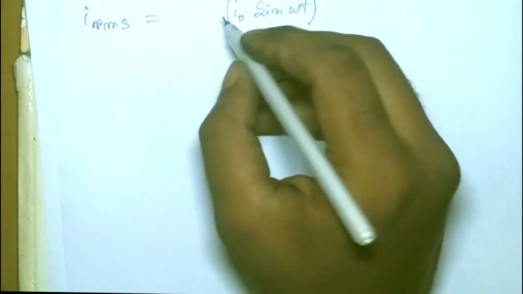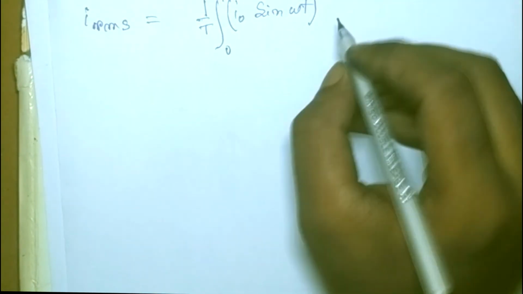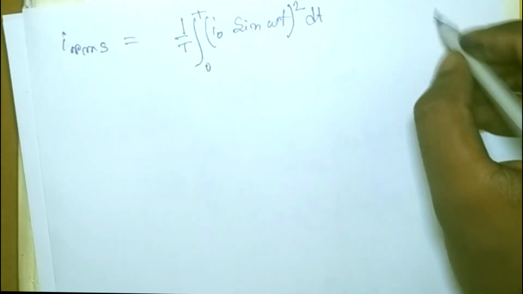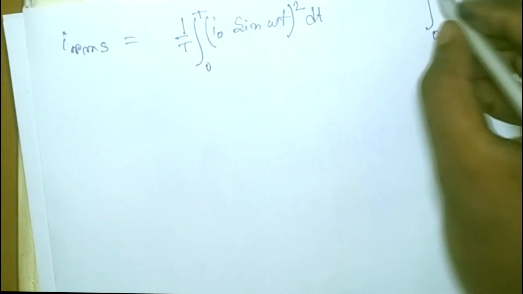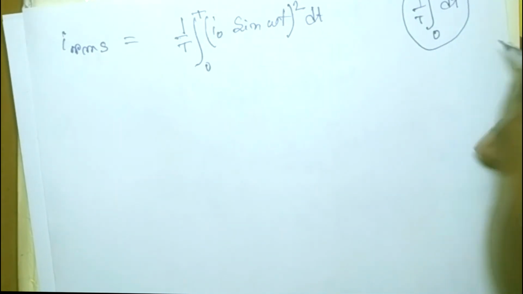Now as I have said, we can calculate the mean by taking 0 to T, 1 by T, dt. This is really important to remember, as I am saying again and again.